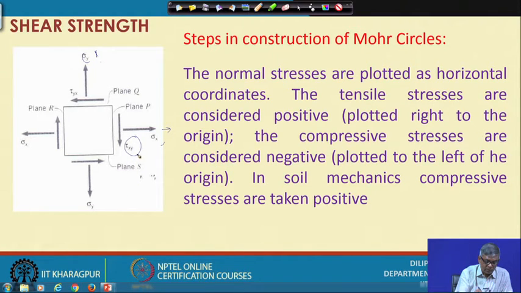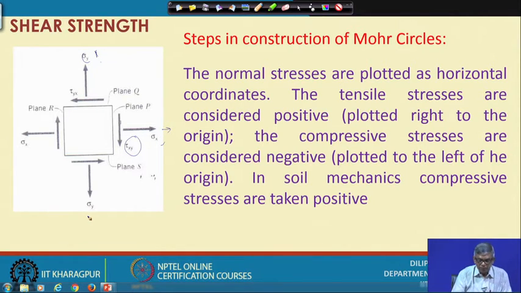If this is tau xy, then this will be tau yx, and this should be in equilibrium. So, this and this will be opposed, and for the biaxial condition we can show that tau xy and tau yx are the same.